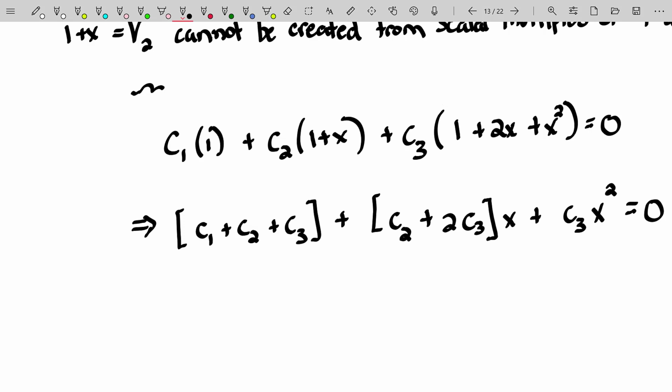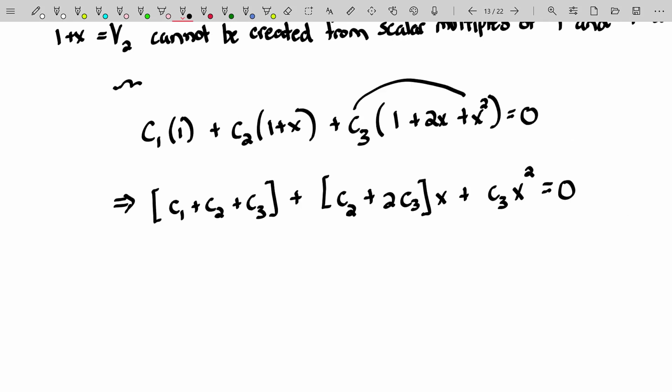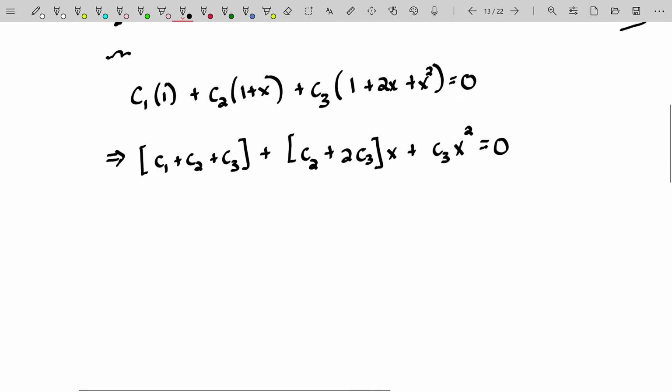Then I looked at all the multiples on x. We had one C2 of x, we had two C3s on x, and then finally I had C3 of these x squareds. Now, using comparison of coefficients, on the right hand side, the coefficient of x to the 0th, or in other words the scalar, is 0.